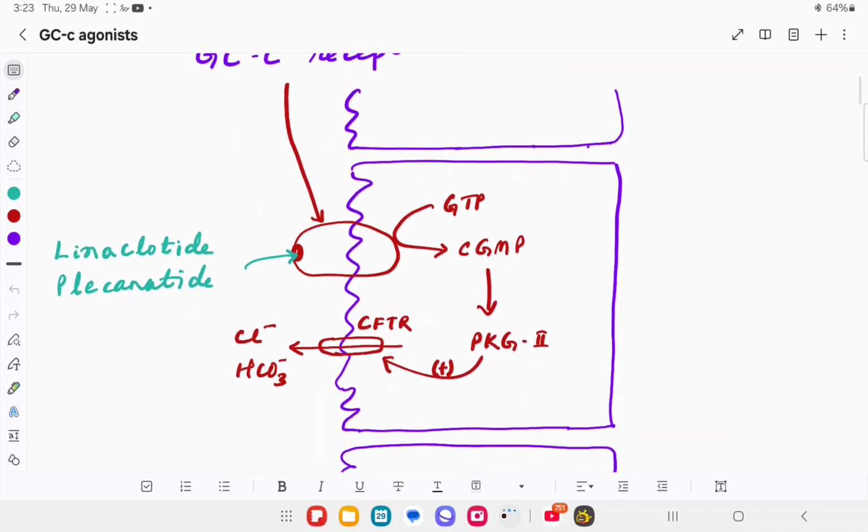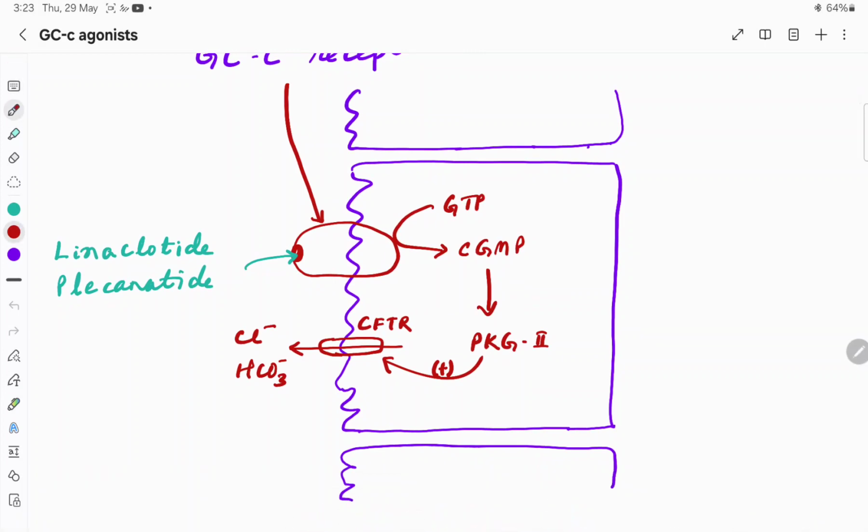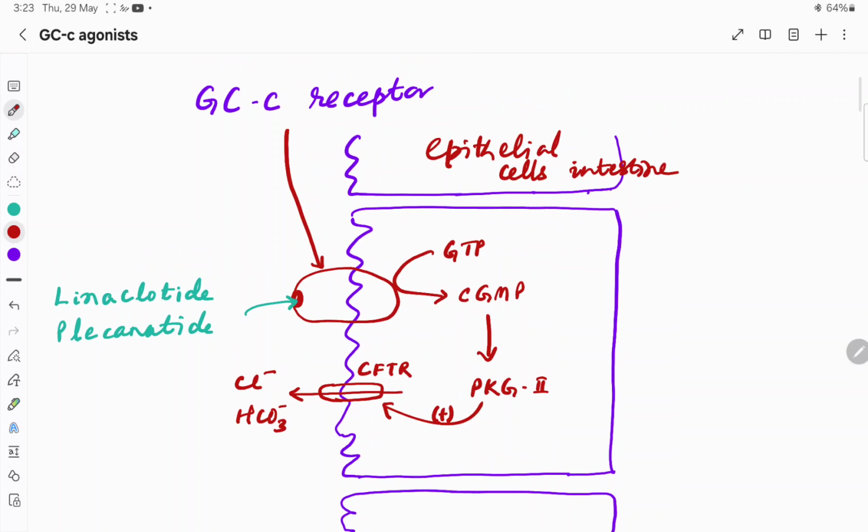If we see the epithelial cells in the intestine, there are two sides.